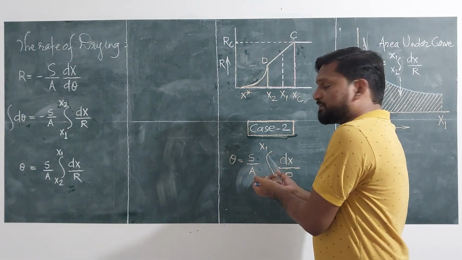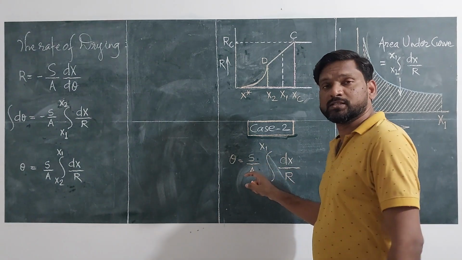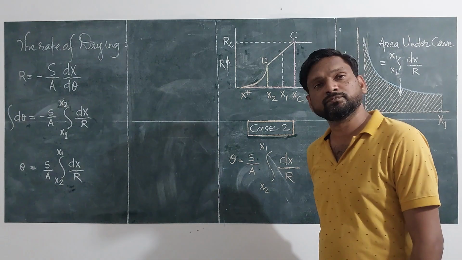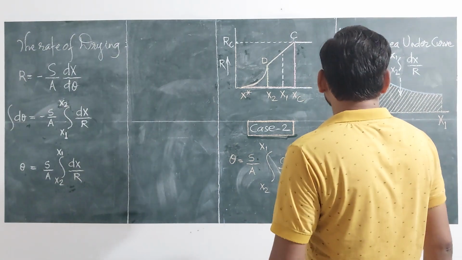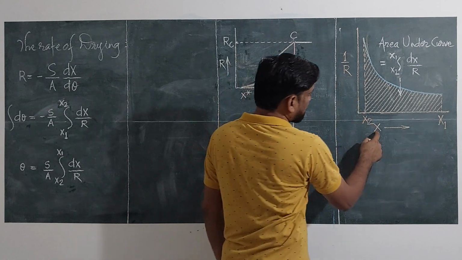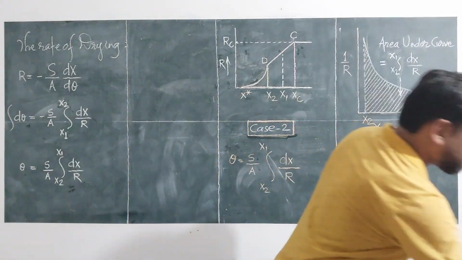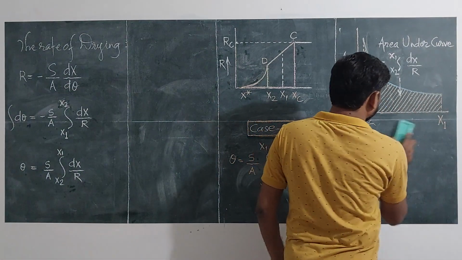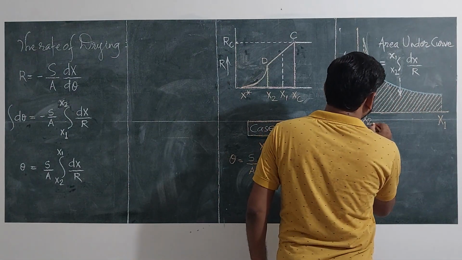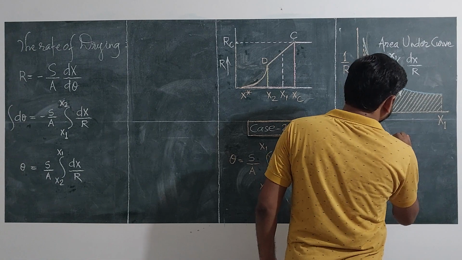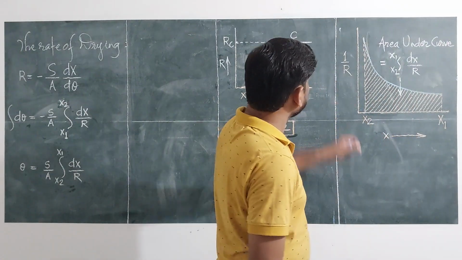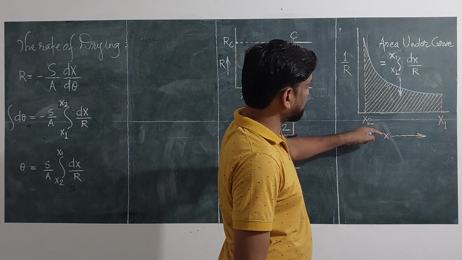We do not have specific R, so we cannot solve this. But we can definitely draw one curve, and the curve is 1 divided by R versus X.